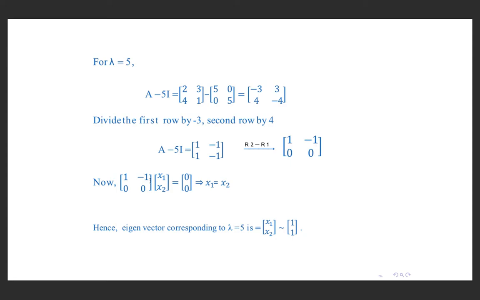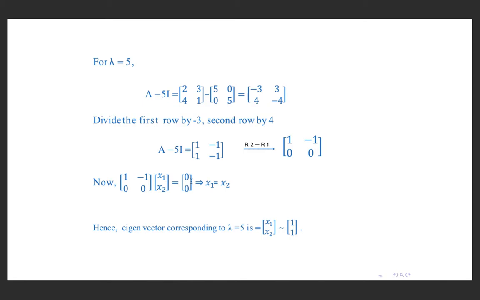So [1, minus 1; 0, 0] times [x1, x2] is equal to [0, 0]. Here x1, x2 is the eigenvector corresponding to eigenvalue lambda equal to 5, which we wish to calculate. By usual matrix multiplication, we get on the left hand side 1 into x1 minus 1 into x2 in the first term and 0 into x1, 0 into x2 in the second term.